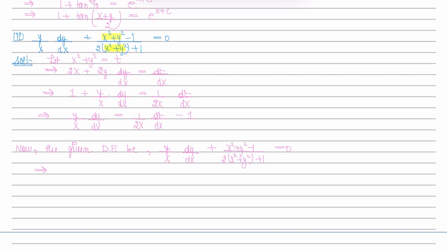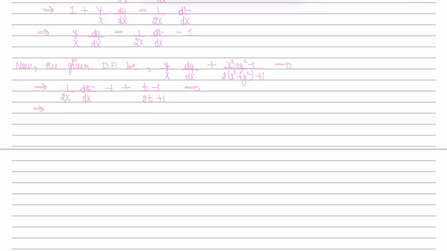Substituting the value of x square plus y square as t, this becomes 1 upon 2x dt by dx minus 1 plus t minus 1 upon 2t plus 1 is equals to 0.